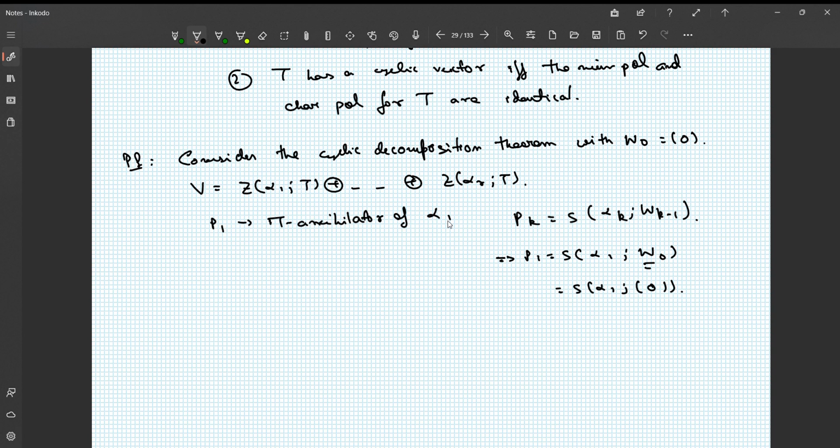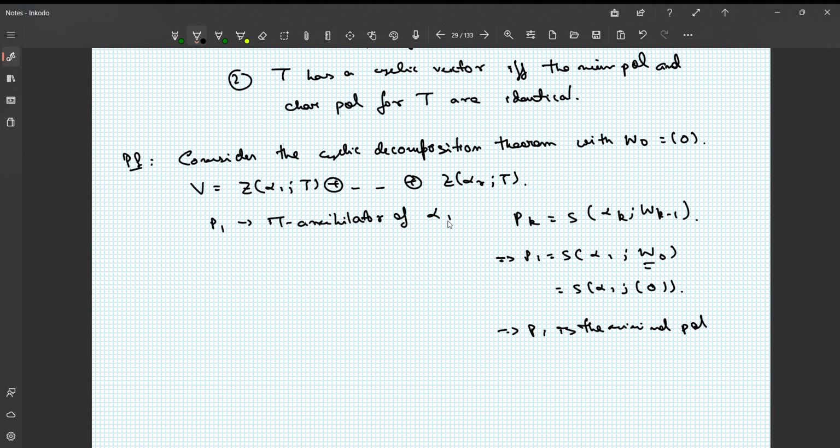So what does this mean? Now P1, by definition, is the T conductor, so it's the smallest, least degree, unique monic polynomial such that it sends alpha 1 to the zero subspace under the linear operator T, right? Doesn't that immediately mean that P1 is the minimal polynomial for T?